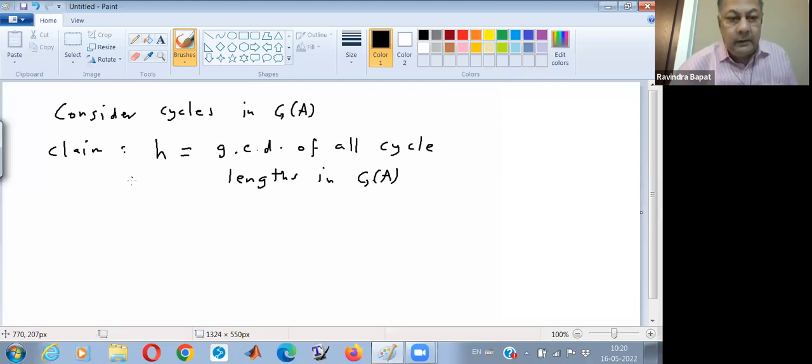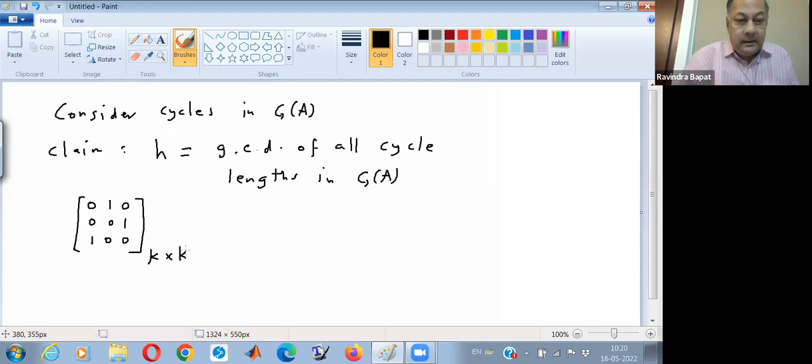So when we go to the full cycle matrix, there is only one cycle of that length. So suppose this is k by k, then there's a cycle of length k and no other cycles. So the GCD will be k, and there are k eigenvalues we have already seen.